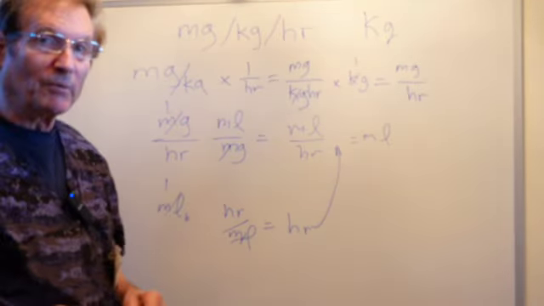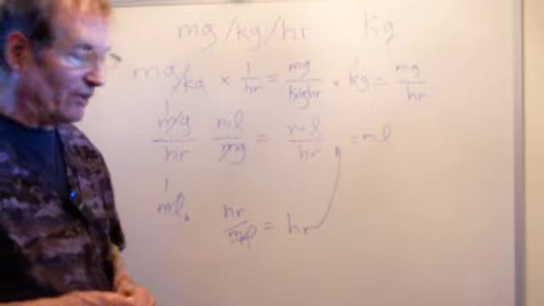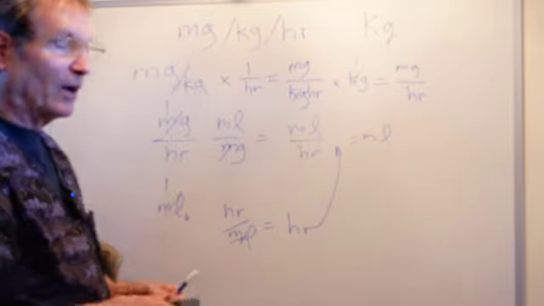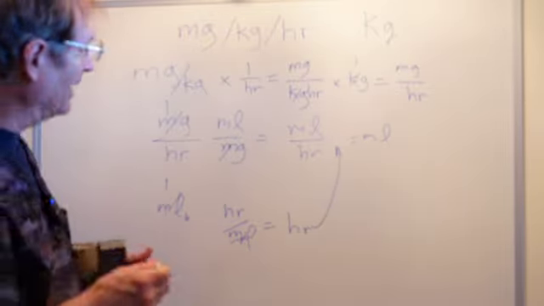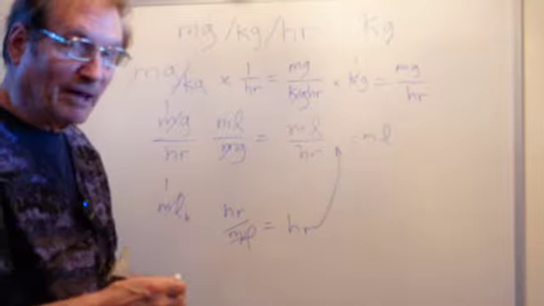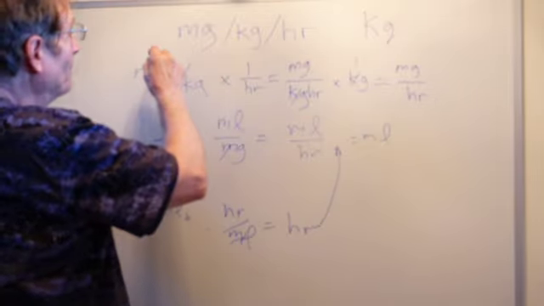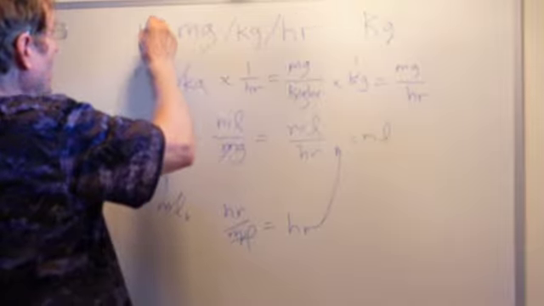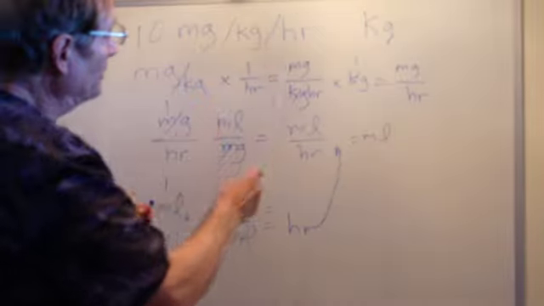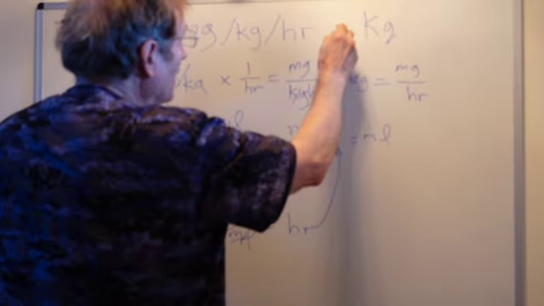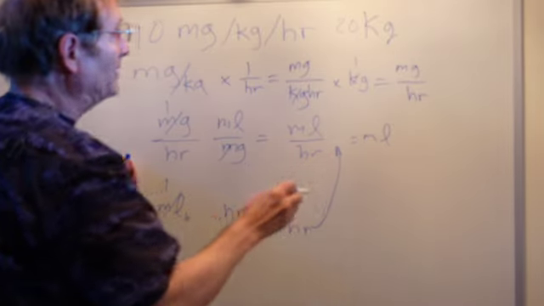So it would probably help to put some numbers in and work through one. So I'm going to use round numbers I can do in my head. No guarantee that I won't screw it up, but our chances are improved. So we'll say 10 mg per kg per hour. We'll have a 20 kg patient.